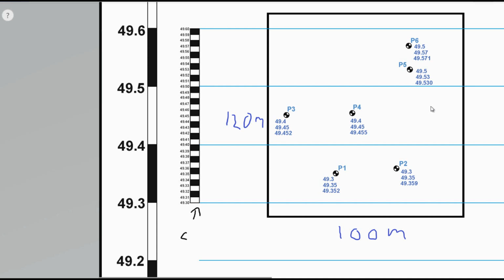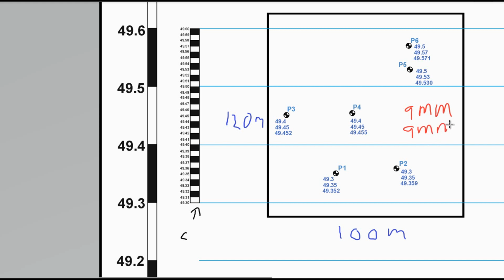Because you have to think that if the groundwater table is measured in centimeters, you can miss 9 millimeters. And if you are also doing the vertical survey in centimeters, you can also miss 9 millimeters.